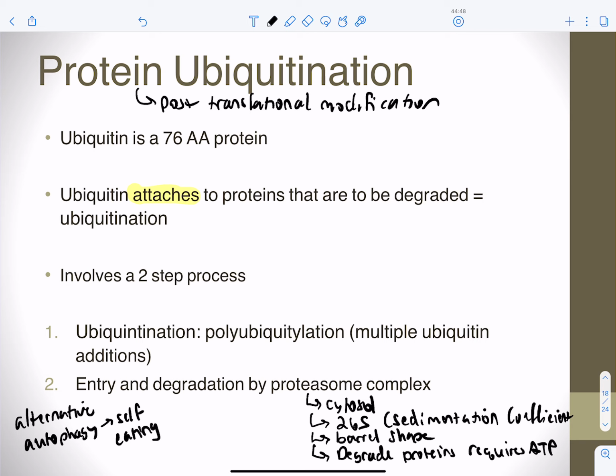Okay, so ubiquitination, you have the process of adding ubiquitin, and it's two steps. You have first ubiquitination, and you can have polyubiquitination, which means that you have multiple ubiquitin proteins attached to the same protein that's being targeted. And then you have entry into the actual proteasome complex, and then finally digestion of the actual protein.